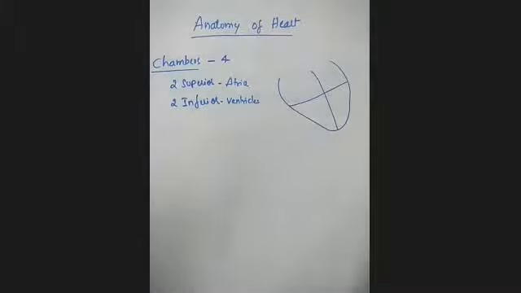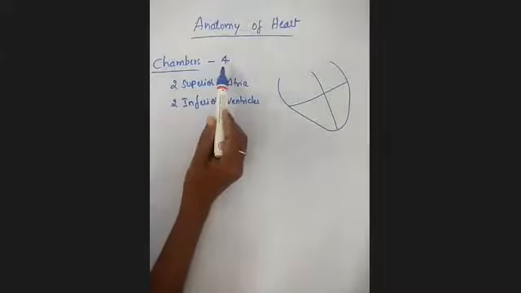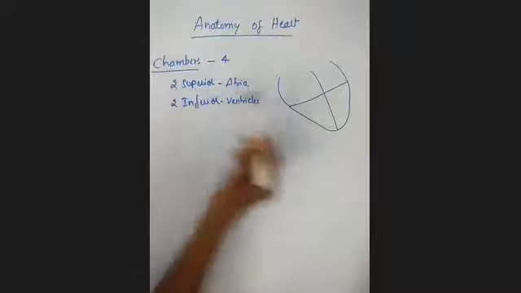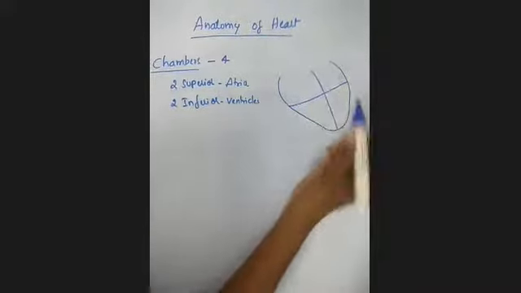Atria is different from auricles. Some of you have mentioned the auricles, but atria is different from the auricles. I will tell you what is meant by an auricle also. See here, the four chambers: the two superior chambers, this one and this one, you will call atria.